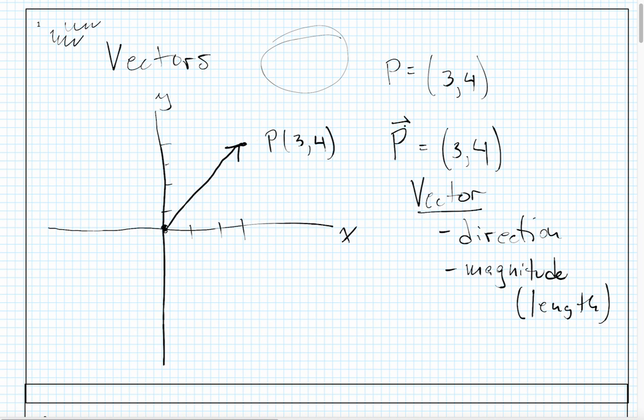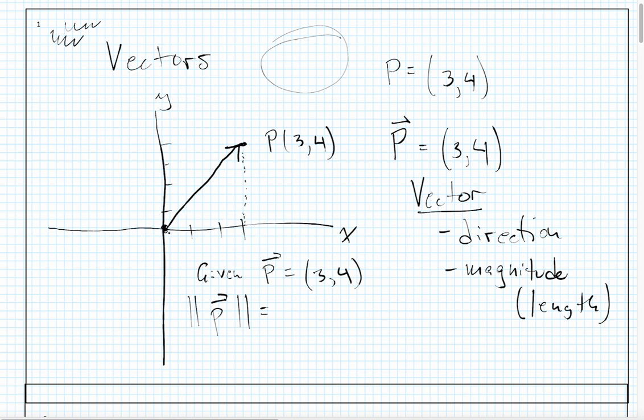So first of all, if I'm given that vector P is equal to 3, 4, we sometimes use the notation double line P. This is asking what is the length of P. And again, you'll notice if we have this vector here like that, we can invoke our old friend Pythagoras, known to all of you.